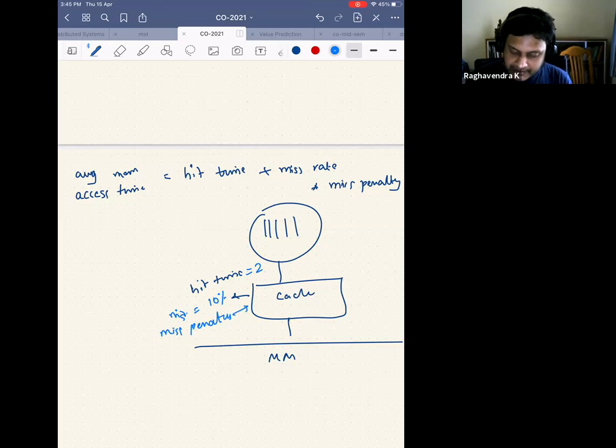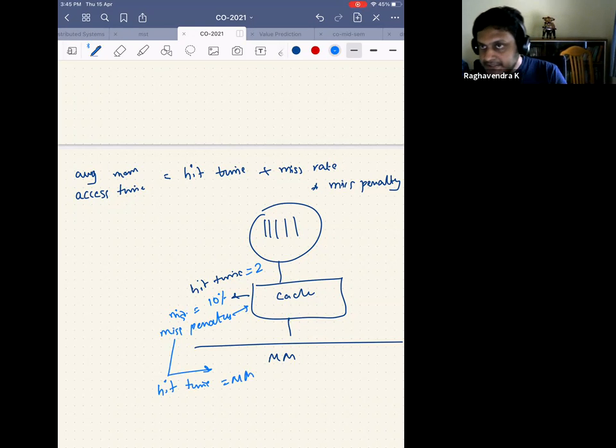The miss penalty of the cache is the hit time of the main memory. Why? Because if you miss in the cache, you have to wait for the main memory to get you the data. So if the main memory was taking 200 cycles, then you have to wait for the 200 cycles to get the data from the main memory and service it to the CPU. So that's what we have seen till now.